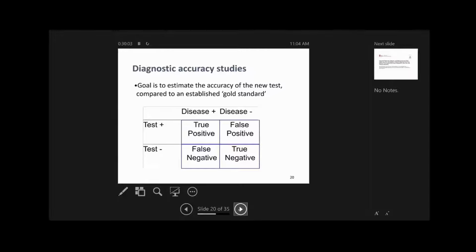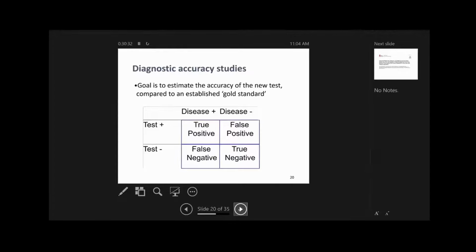Everybody gets the new test and everybody gets the gold standard. Then you cross-classify people into 4 cells: true positives, false positives, false negatives, and true negatives. If you crunch the numbers, you can compute estimates called the sensitivity of a test, specificity, positive predictive value, and negative predictive value. Everything can be computed from this simple 2 by 2 table.